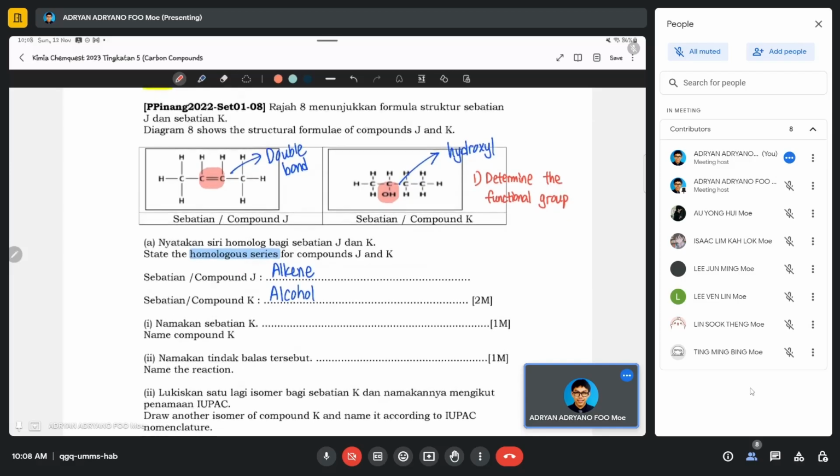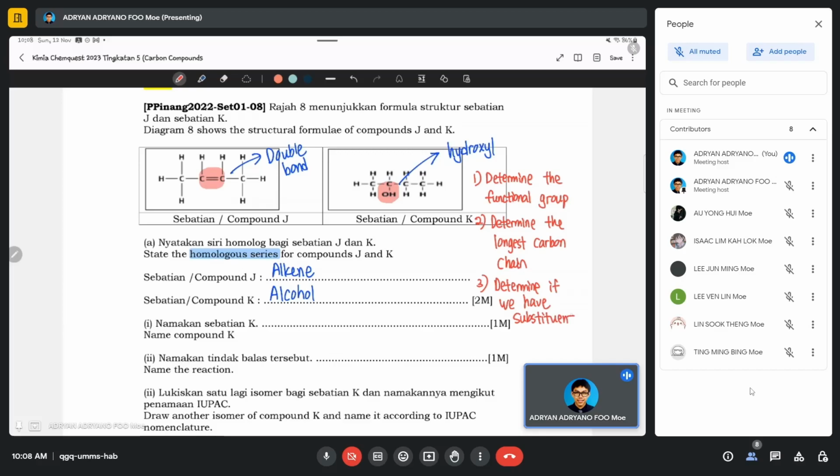Naming compound K. Okay, 第一个 determine the functional group. Second, we determine the longest carbon chain. Okay, we must always determine the longest carbon chain. And then third, we determine if we have substituent.